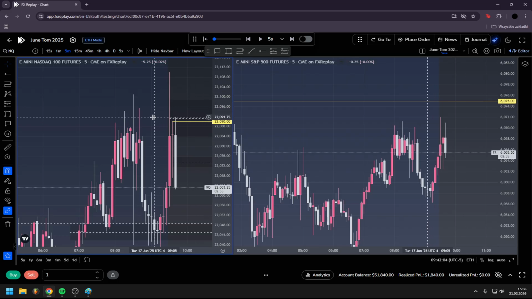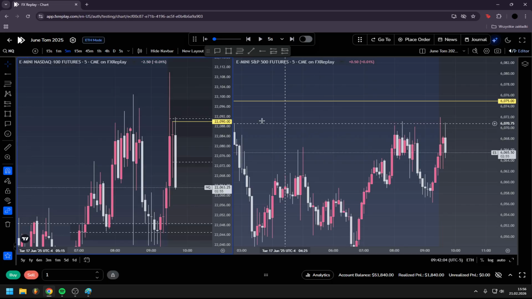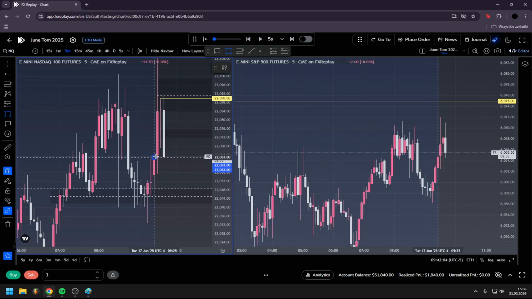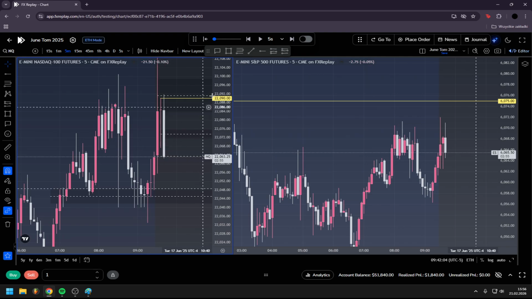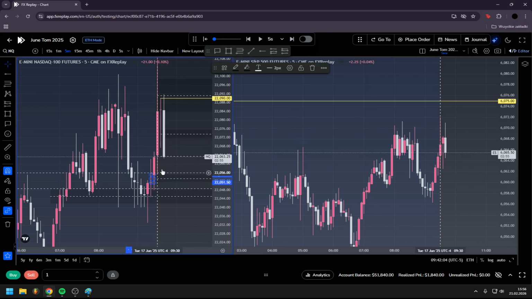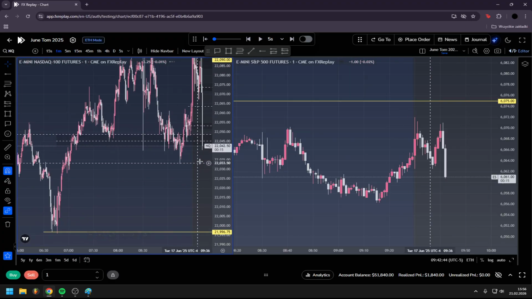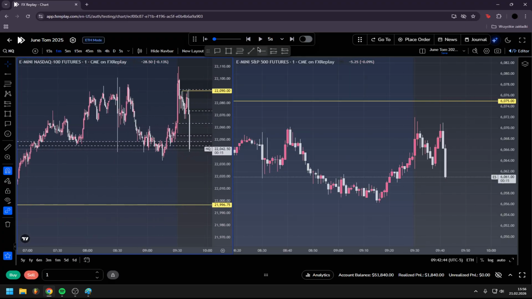And we want to maybe rebalance into this volume imbalance, this buy side. So I'm going to wait. Maybe we sweep the draws, and then we understand what price wants to do.